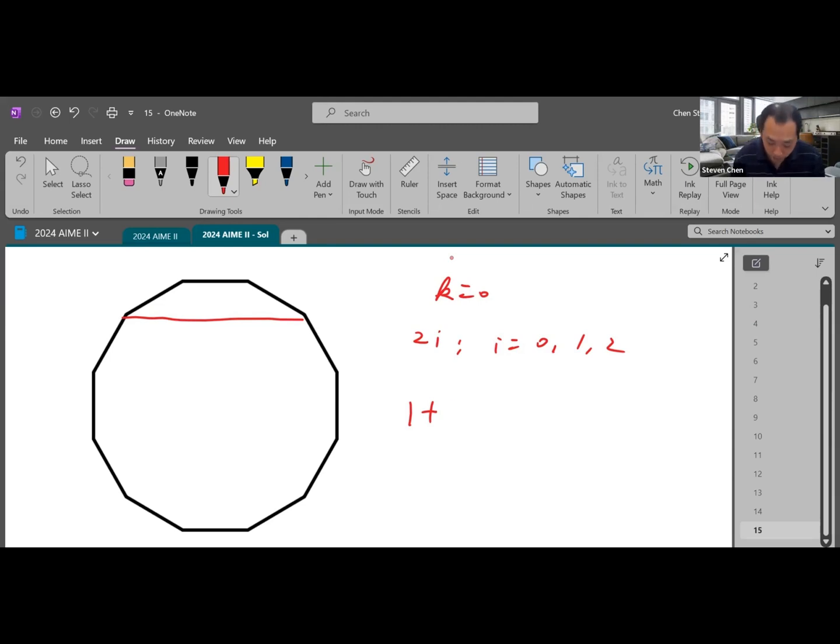So there are two possible choices of which horizontal line is shorter. And given this, suppose the upper one is shorter, then what is the number of choices for the second horizontal line? We require the second one to be below this one, and it should be longer than this one. So if i is equal to 0, the number of choices is 1, 2, 3, 4, right?